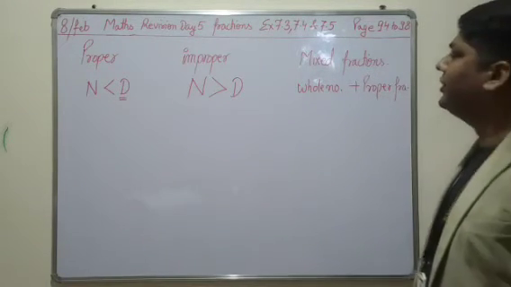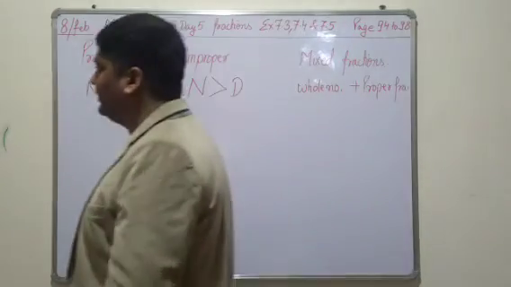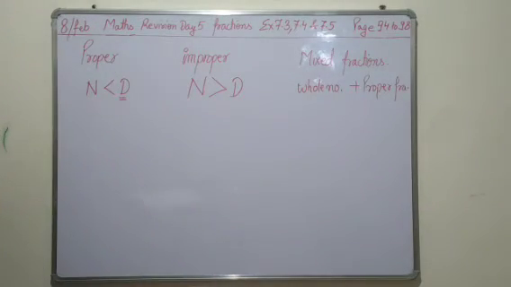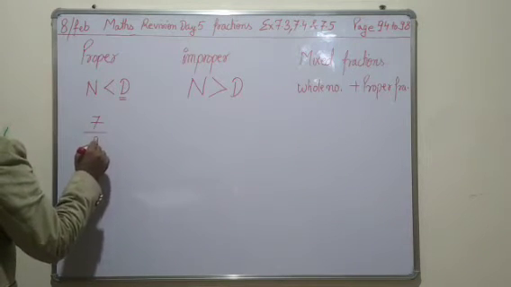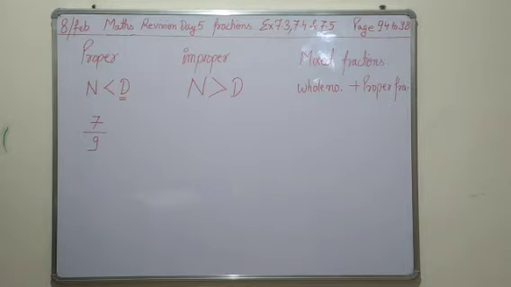So how can you understand with an example? Let's see. The example of proper fraction is 7 upon 9. This is the example for the proper fraction.